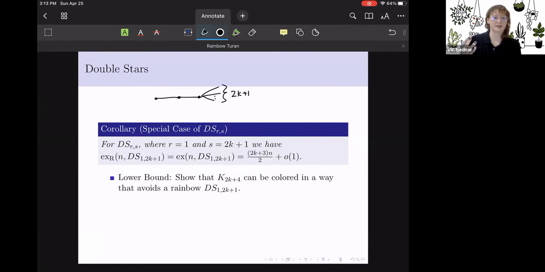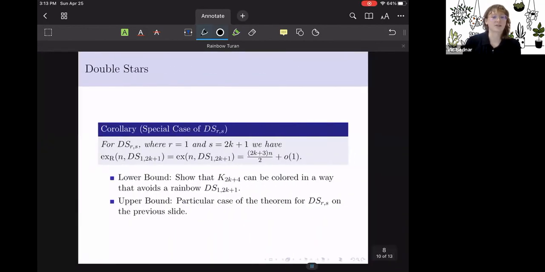So we know that it has the canonical edge coloring, which is every color is used the same number of times and every vertex sees every color exactly once, which tells us up to isomorphism and exact edge coloring that we can give to all of these even complete graphs. And the canonical edge coloring will always avoid these odd brooms or these special double stars.